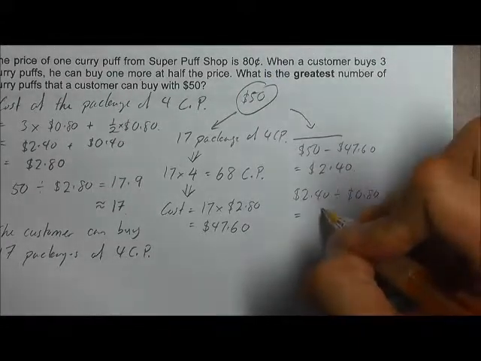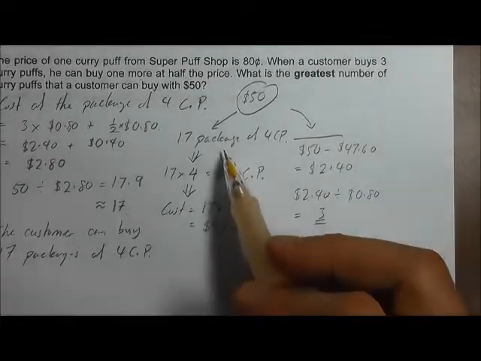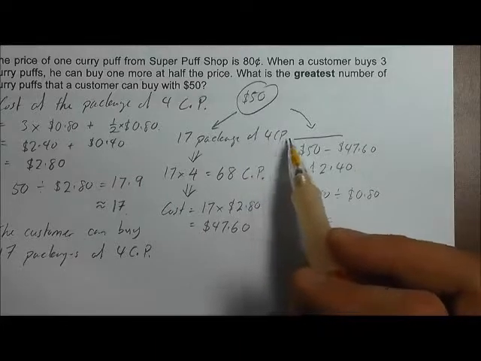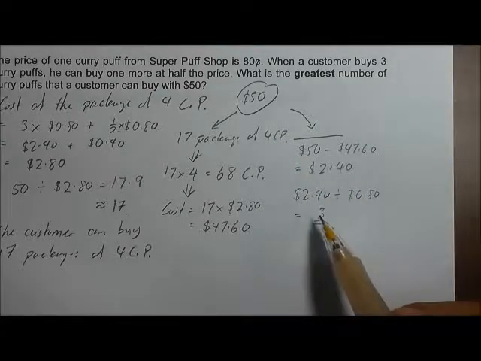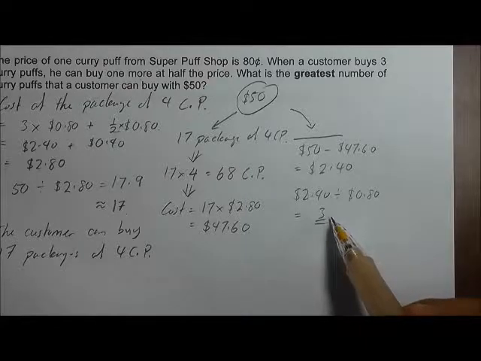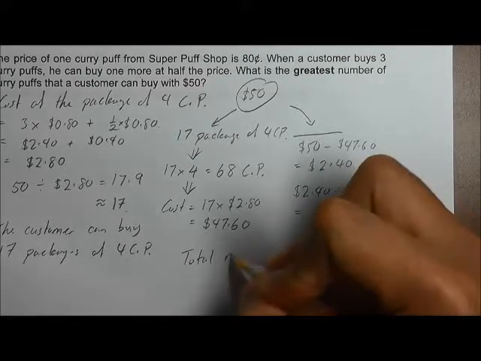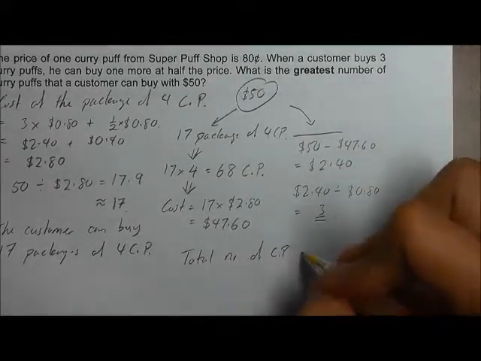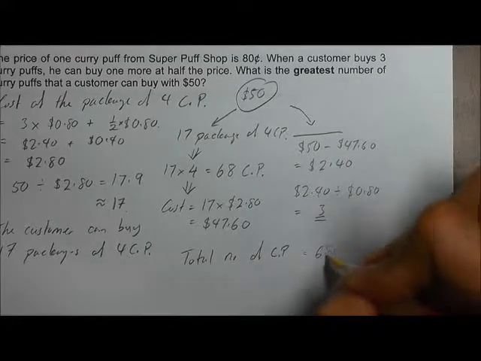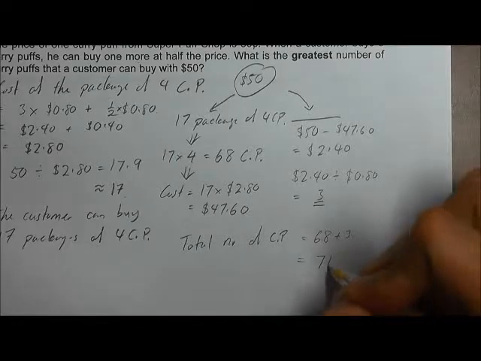So he can buy 3 curry puffs. So using the package of 4 curry puffs, he can buy 68. And with the remaining sum of money, he can buy 3. So the total number of curry puffs that he can buy will be 68 plus 3 is equal to 71.